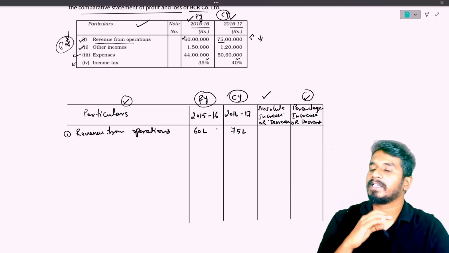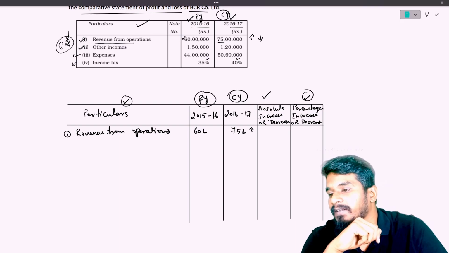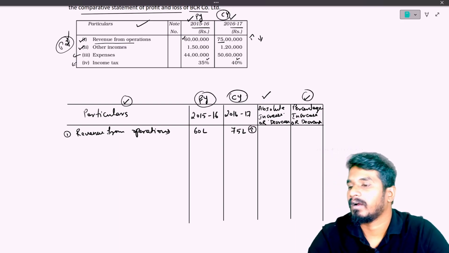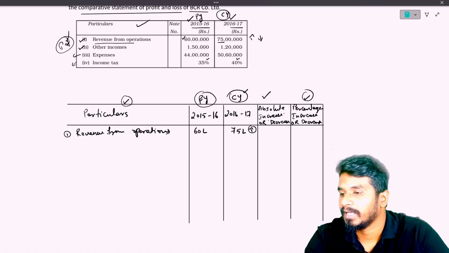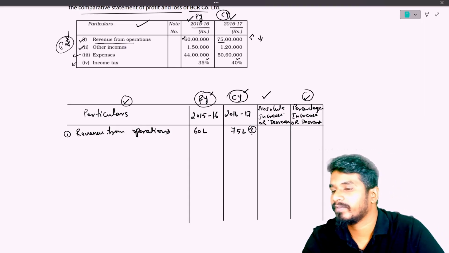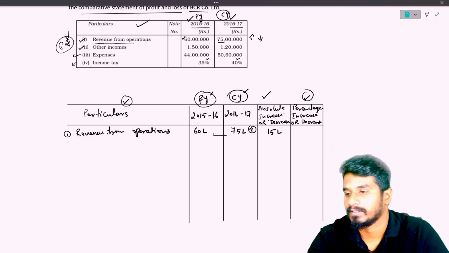So has it increased or decreased? It has increased. If you compare these two, you can do current year minus previous year. So 15 lakh increased. If you compare this, you can understand.